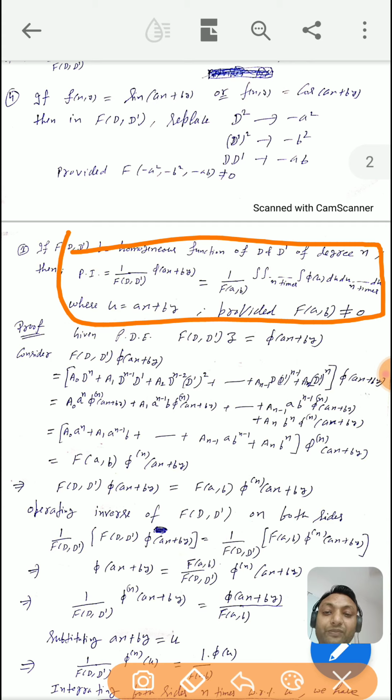So this is the first rule and a very important rule.